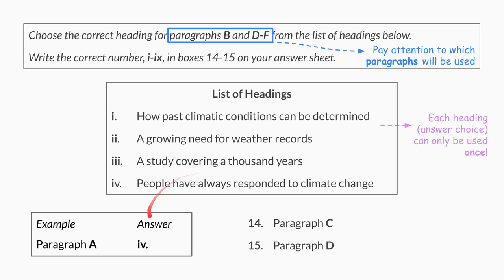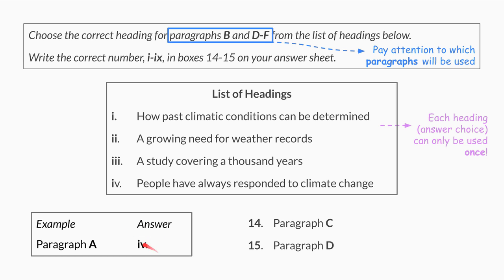And then over here, they're going to give you a little example of how to answer the question. So they're telling you, for example, the question is asking you which answer choice is the best match for paragraph A. So paragraph A is the question and these are the answer choices. So which is the best match? It tells you in the example that for paragraph A, the correct answer is going to be number 4.